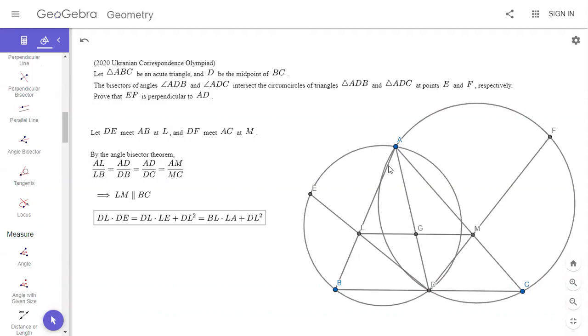I guess we could just use the formula for the length of the median, right? Yeah, that finishes us off because we can cancel BL times LA, and we know that DA times DB is DA times DC.